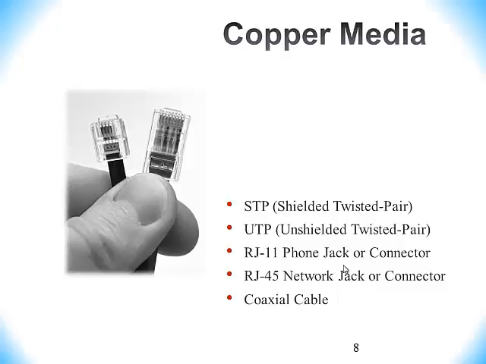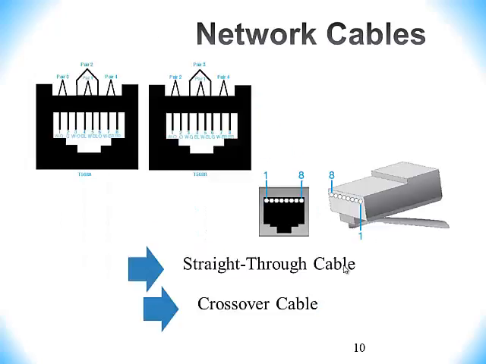Alright. To connect a computer to a switch or network wall outlet, a straight-through cable is used. This is also known as a patch cable. When connecting two computers together, a crossover cable is used. And I think it shows that. Here you go, it shows straight through and crossover.